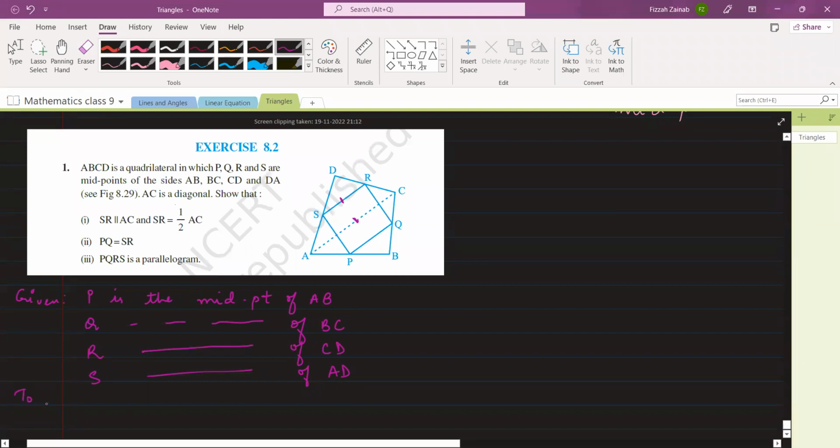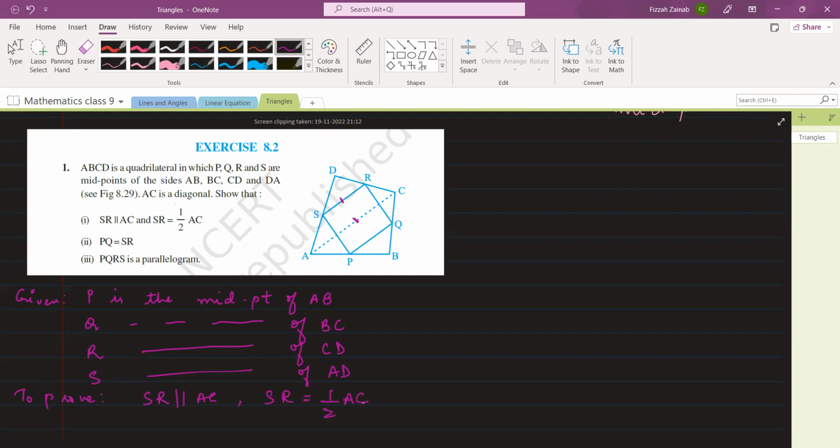Then the first part to prove: you have to prove SR is parallel to AC and SR is half of AC. So let us do the proof.